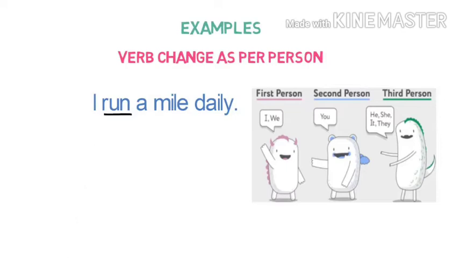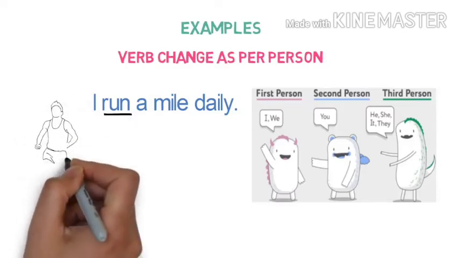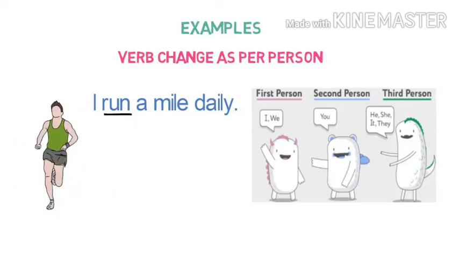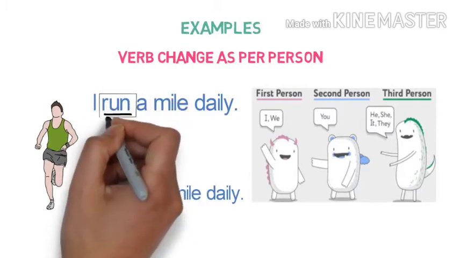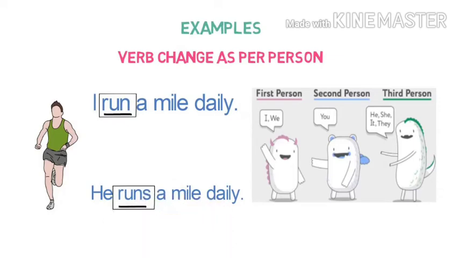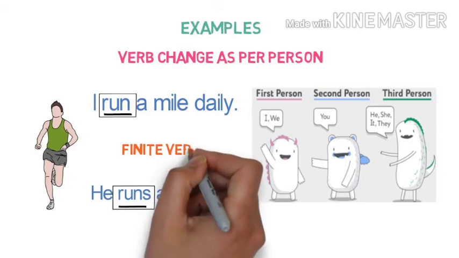Here the verb is run. Now let's look into another sentence. He runs a mile daily. Here the subject he is in third person and the verb is runs. You can see here that the verb run changed to runs as per the person. So both run and runs are finite verbs.